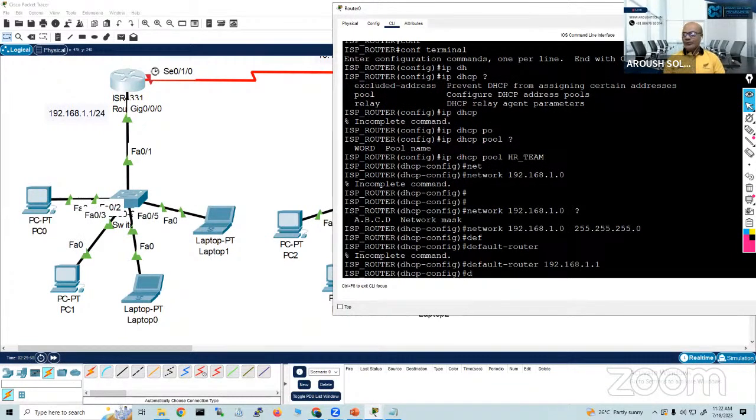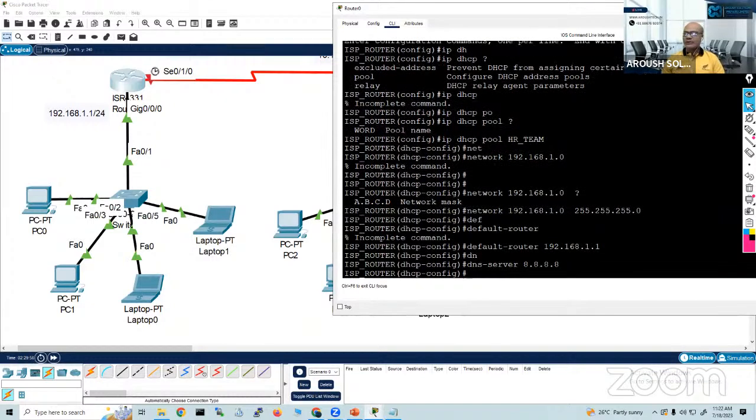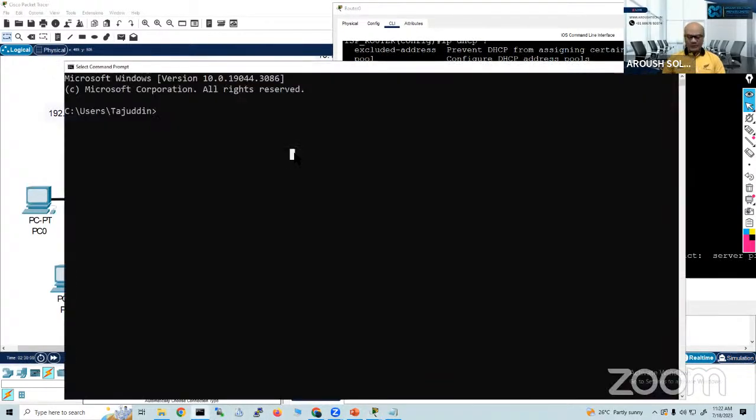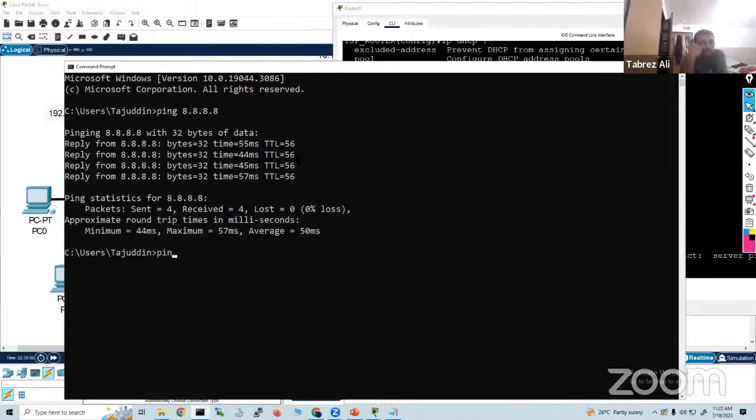If you want to give DNS, you can give a DNS server. I can give 8.8.8.8. This is Google's, guys. I think you might know, right? If you want, I'll show you this. Ping 8.8.8.8. We are getting a reply, right? You can even ping Google.